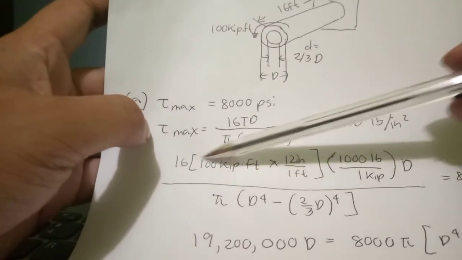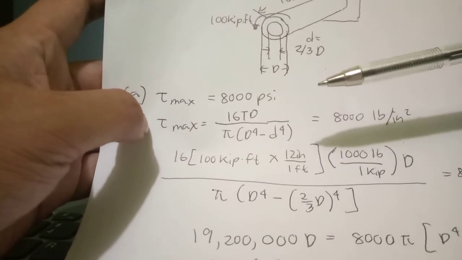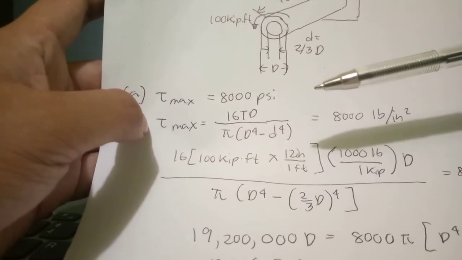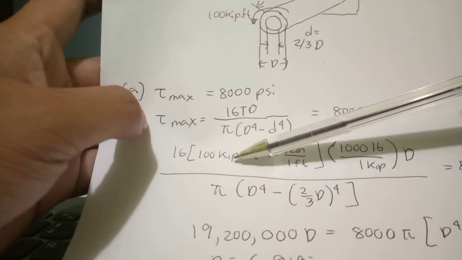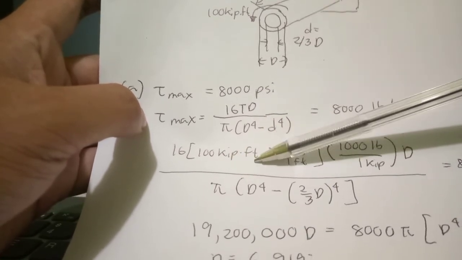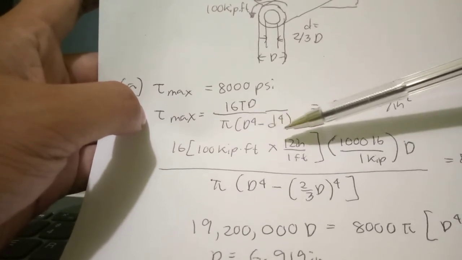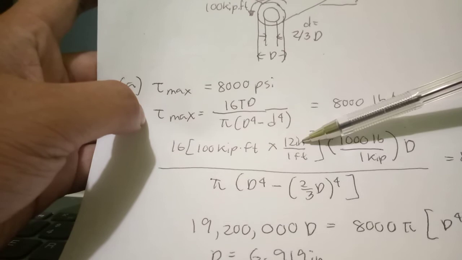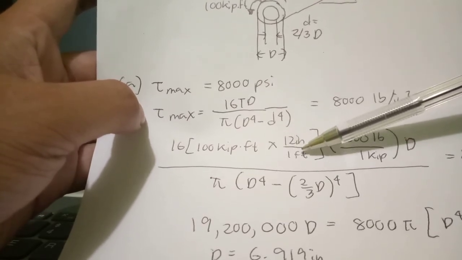Here again, we need to convert each unit into one uniform unit. We have kip, the unit for force, and foot, the unit for length. I convert this foot into inch, so I multiply it by 12 inch over 1 foot.